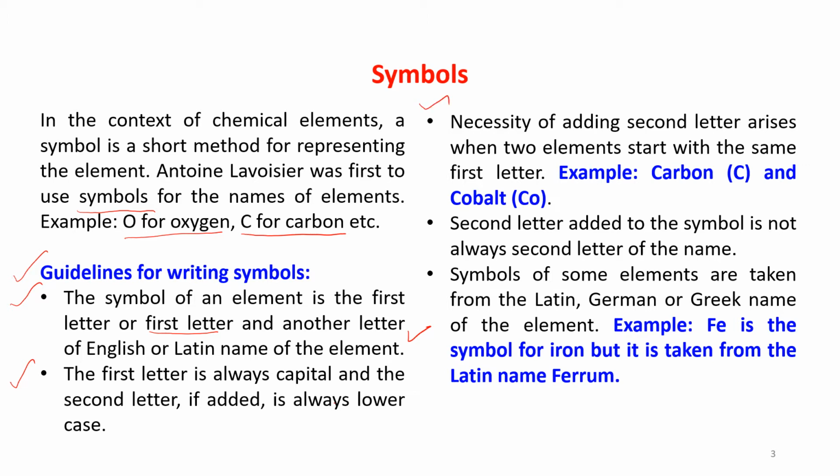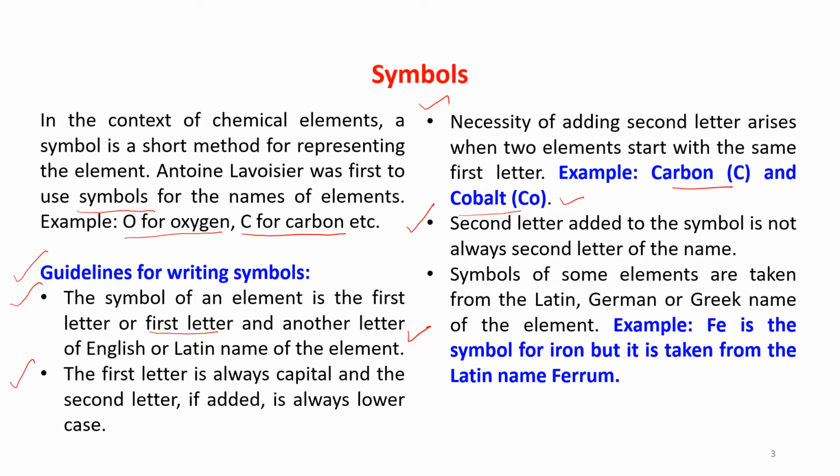The necessity of adding a second letter arises when two elements start with the same first letter. Example, carbon and cobalt. Both have the first letter C. So the symbol of cobalt is written as capital C and small o.